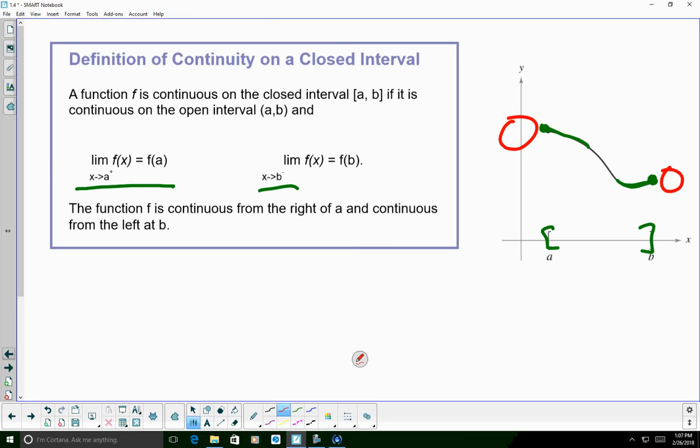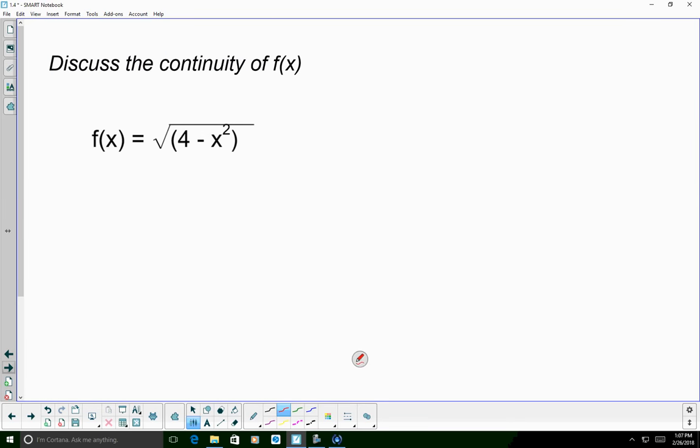And then, very important, since I closed my interval, I made it continuous in that interval. So if I look at something like this, which is a square root, a radical function, when I go to graph this, I know I'm going to have a very limited domain. This 4 minus x squared has to be greater than or equal to 0.